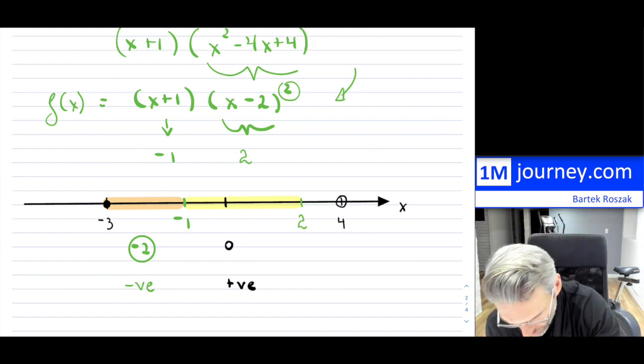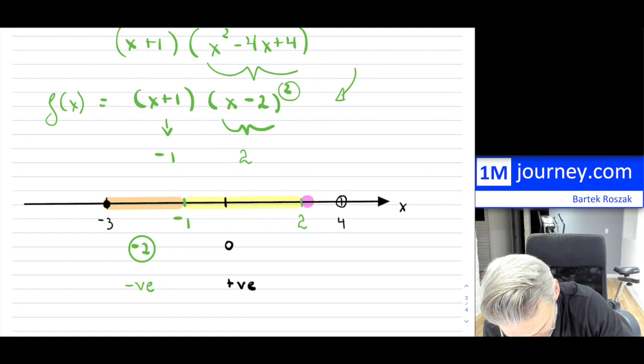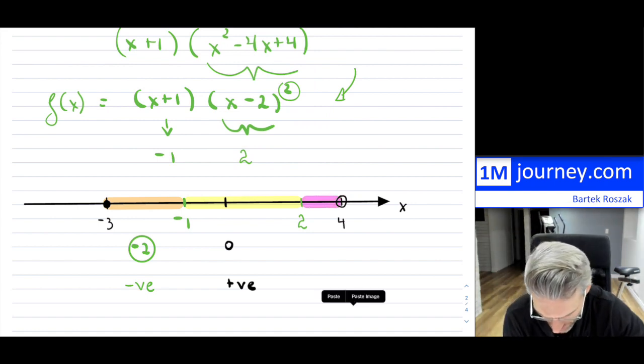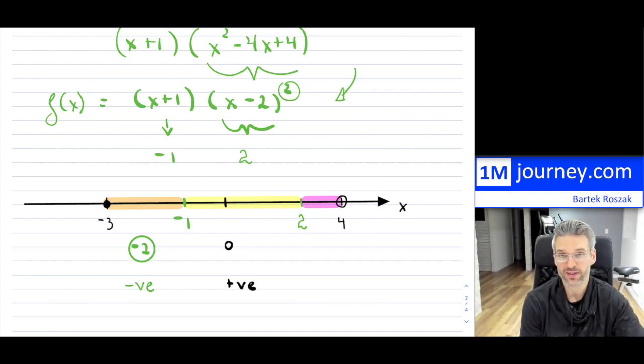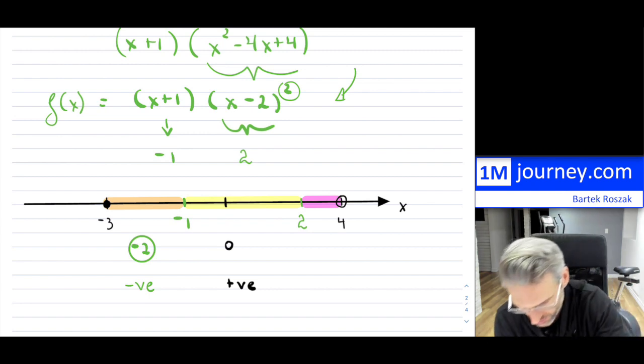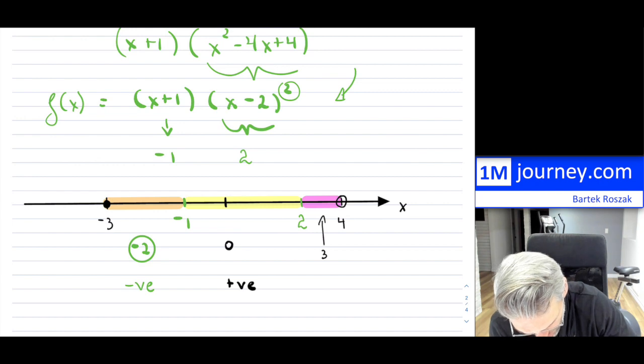And then between 2 and 4, so again, you can now substitute right here and then see for yourself. This isn't really proportional. 2 and 4 are too close together, but that's okay. So within there, if you substitute, for instance, 3, so within, so this can be your test point.